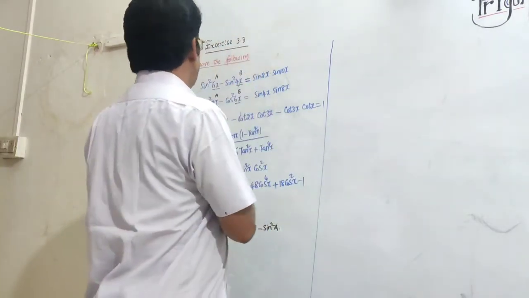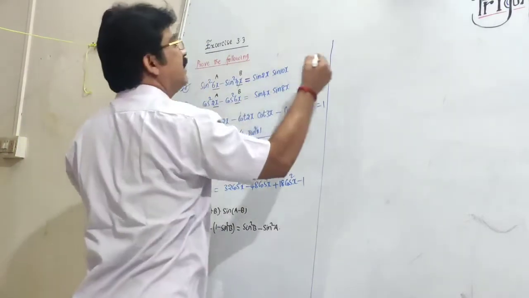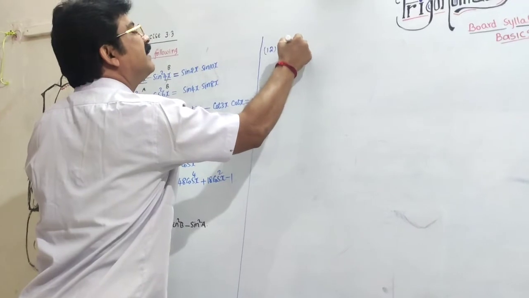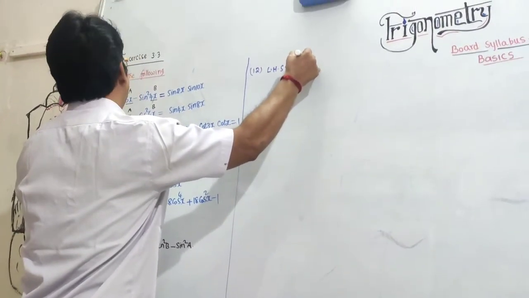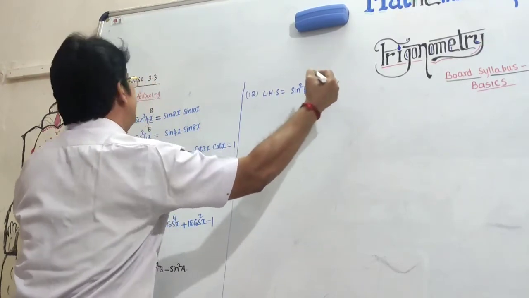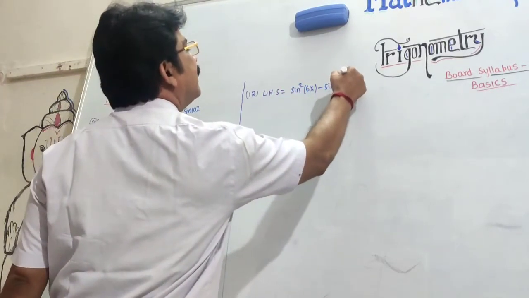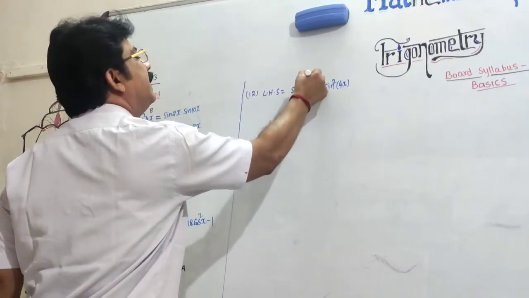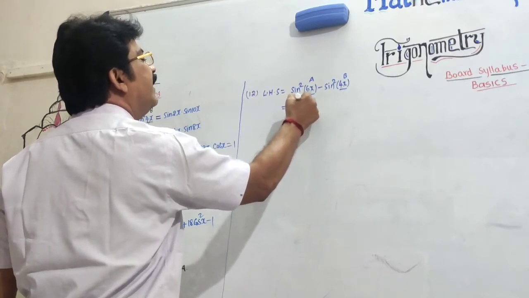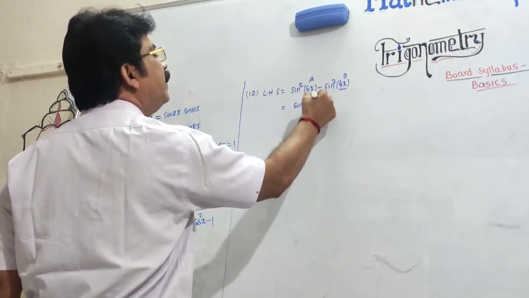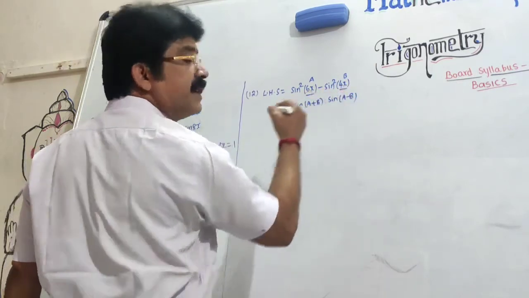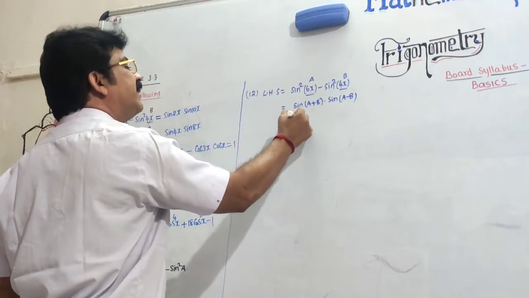So question number 12. LHS, left hand side, is equal to sin square 6x minus sin square 4x. Let this be capital A and this capital B. Formula: sin of A plus B into sin of A minus B. You can write the formula here also, or you can take the direct step.